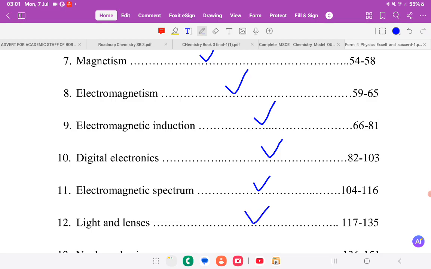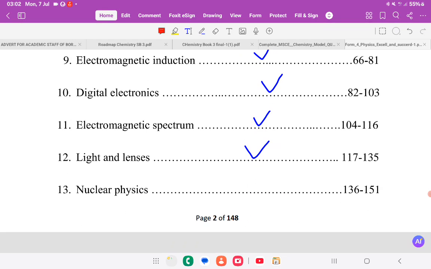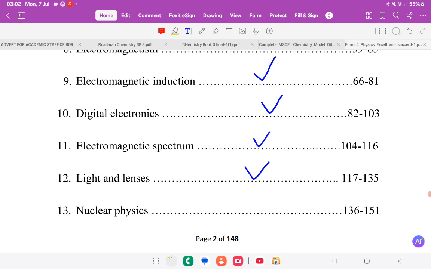Then topic number 12 is about light and lasers, also falling under waves and vibrations. Last but not least, we have a topic called nuclear physics. So in total we have 13 topics.